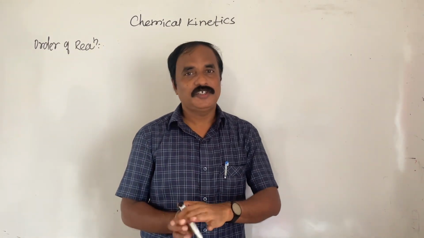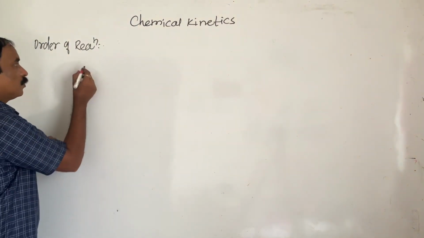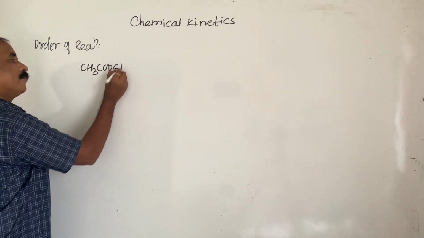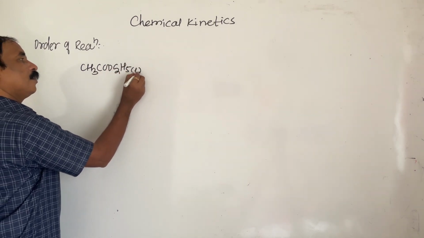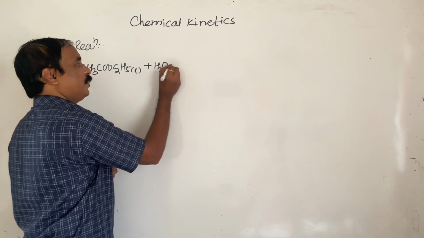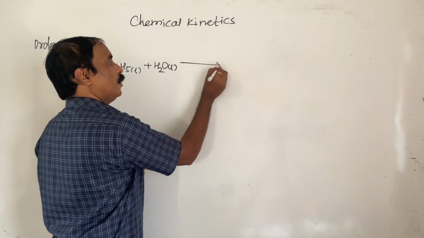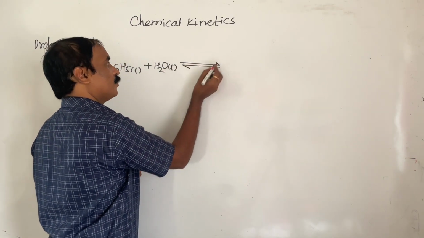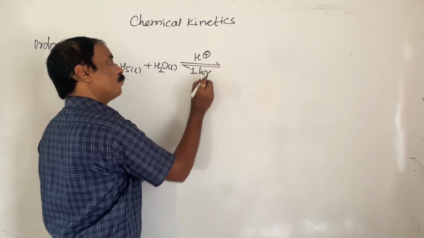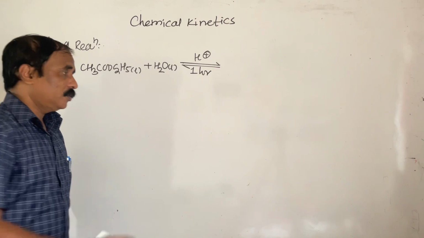Acid catalyzed ester hydrolysis. Ester hydrolysis, I will take ethyl acetate. Hydrolysis, addition of water. Here it is aqueous, irreversible in the presence of acid. So what is the product?